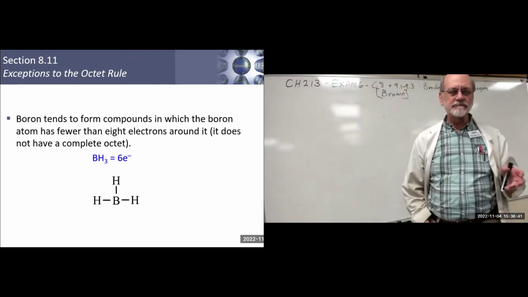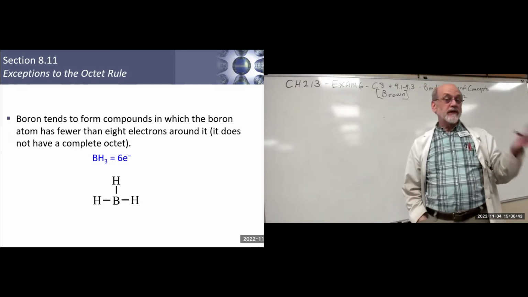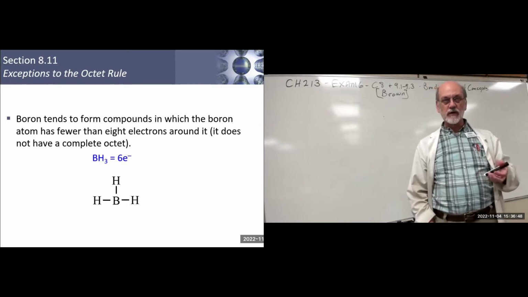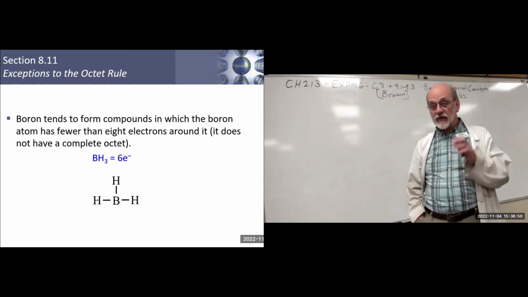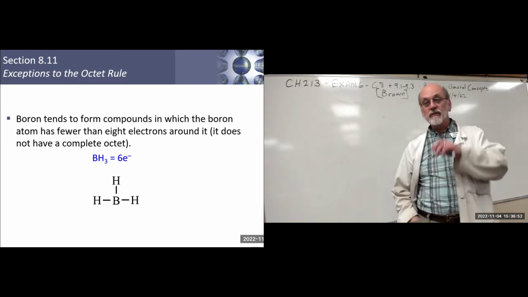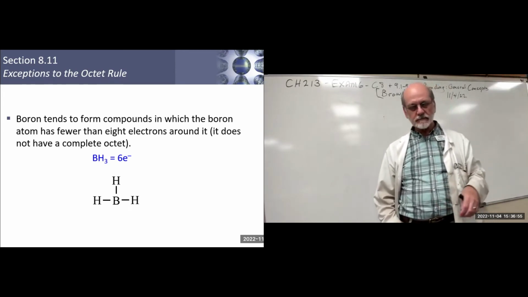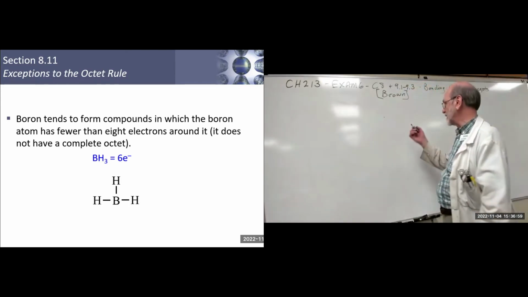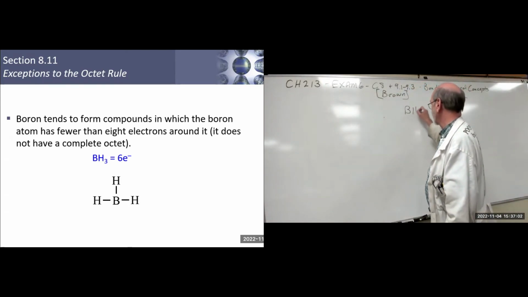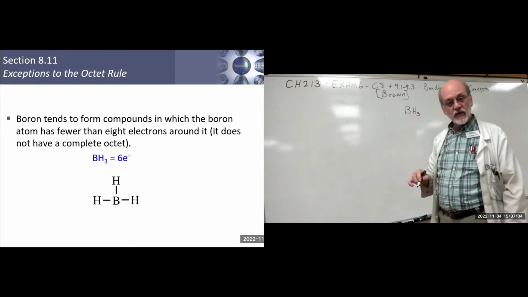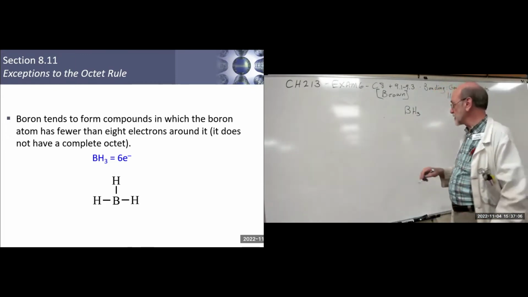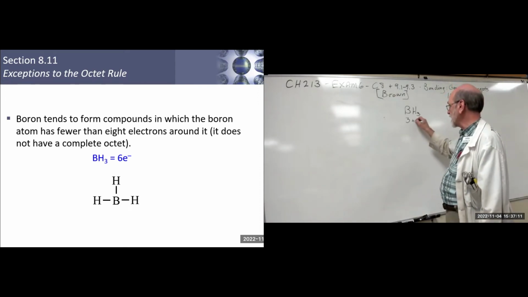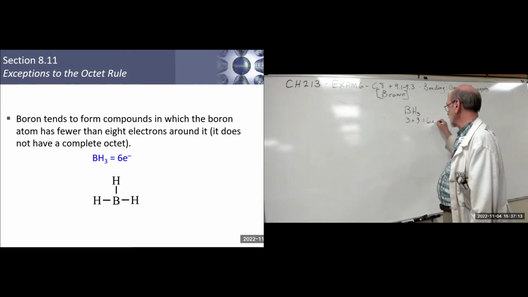Now, like I've said before, nature just does what it does. And we've got to explain why, or explain how, or do something with it. Nature's going to go on its merry way doing whatever it wants. This compound does exist, boron trihydride. Right? So if we try to draw a Lewis dot structure for this, we see the boron's only got 3 electrons, and these hydrogens have 3 total, so that's 6 electrons.